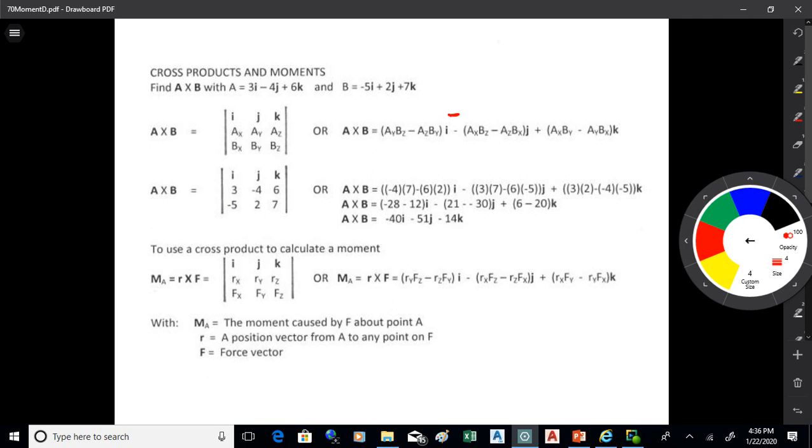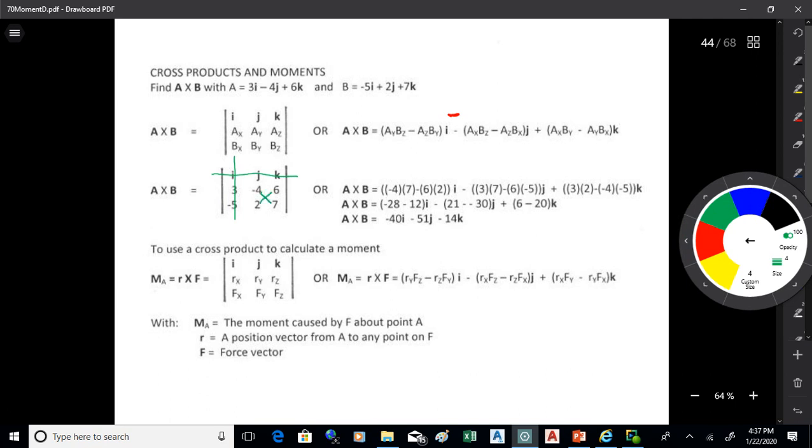So I give you an example there with numbers in it. What I would do here, and the way I remember to do it, is if I want the I component, I cross off the top row and the first column, and then I cross multiply what's left. So that'll be minus 4 times 7, then minus 6 times 2, and that's the I component.